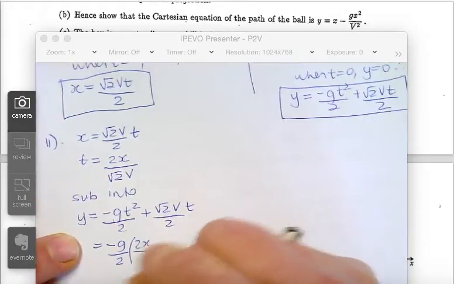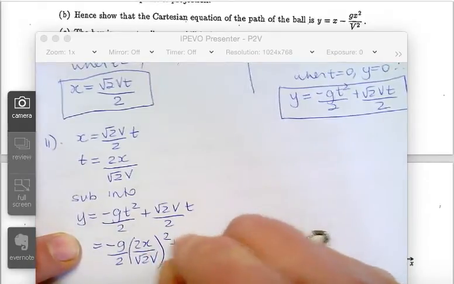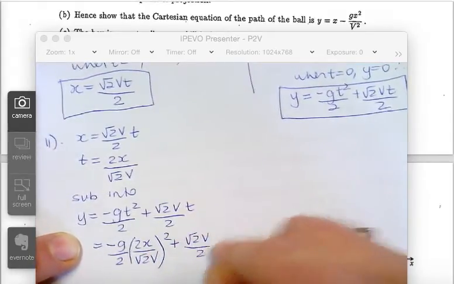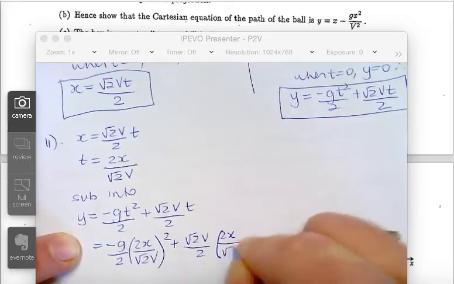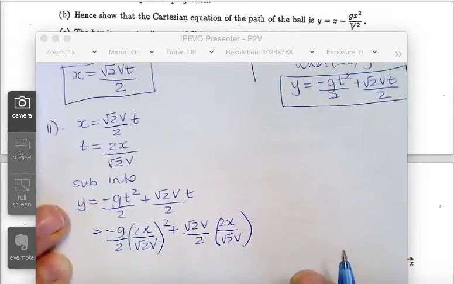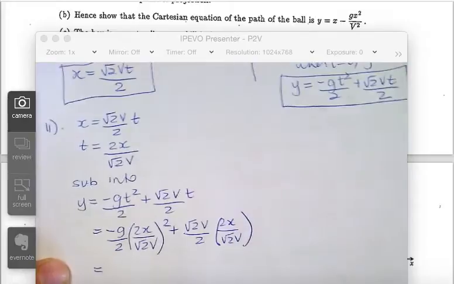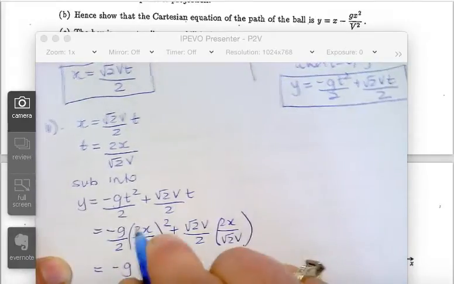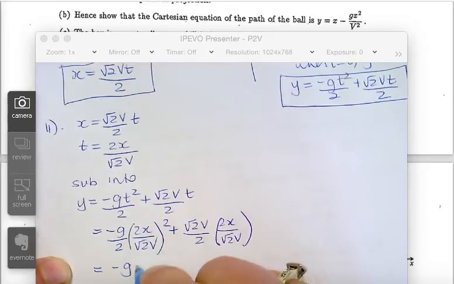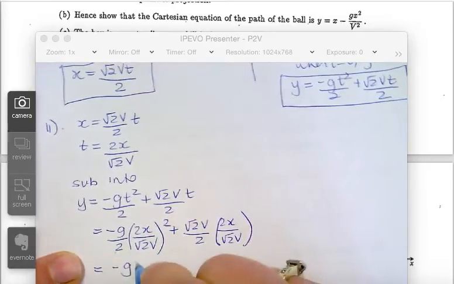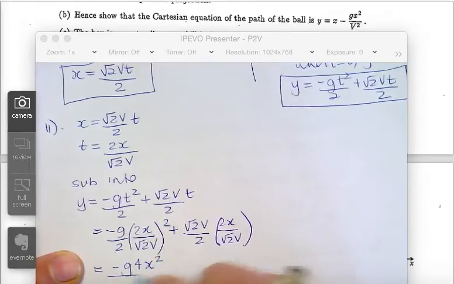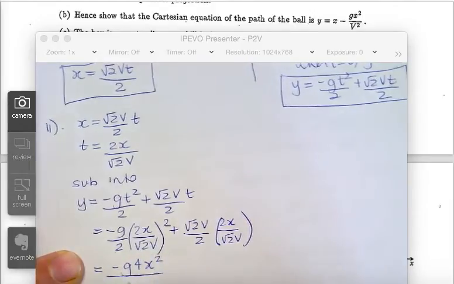So we've got negative g times 2x on root 2v squared, plus root 2v on 2 times 2x on root 2v. I hope I didn't make a mistake. Don't you get 4x squared on, what do you get on the bottom?